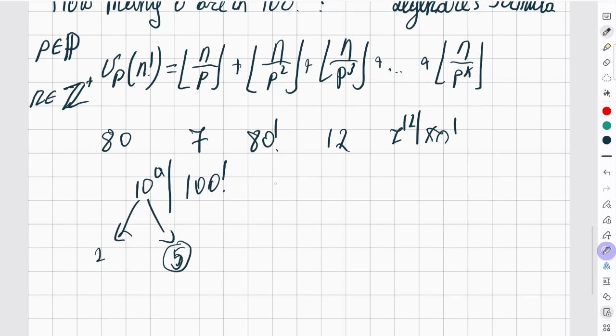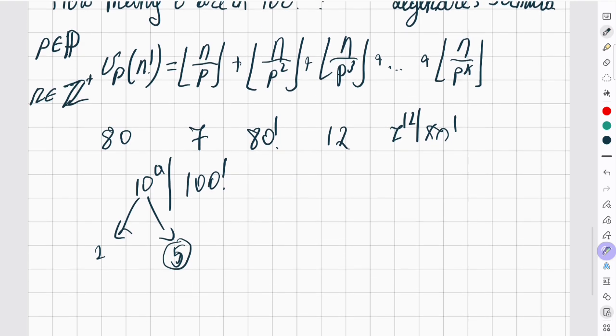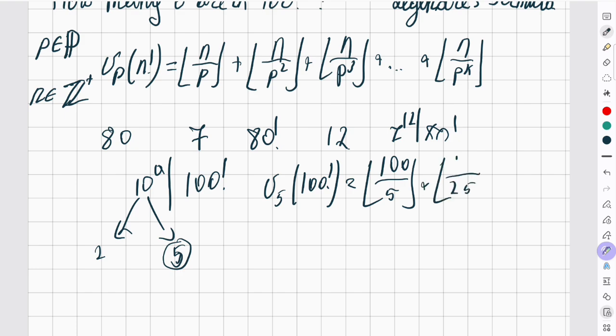Let's find it. Let's write it properly. We have 5. Also 25 can fit here, but 125 doesn't fit. So from now on it is 0. We don't need to calculate this. 100 divided by 5 is 20, and 100 divided by 25 gives 4.